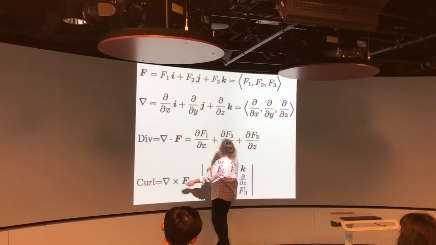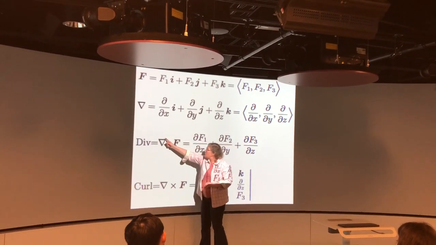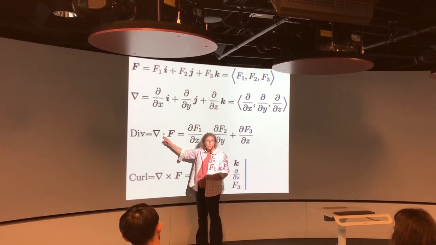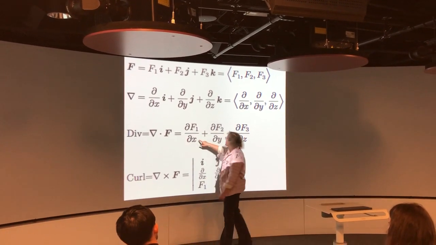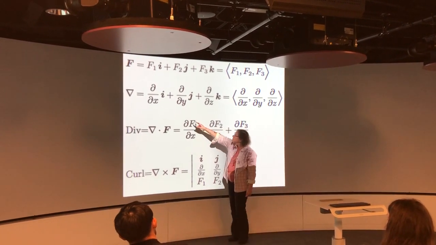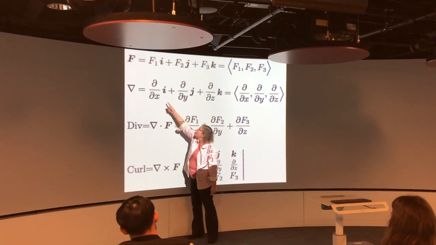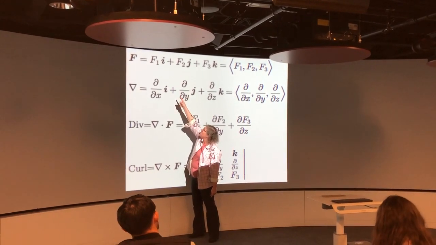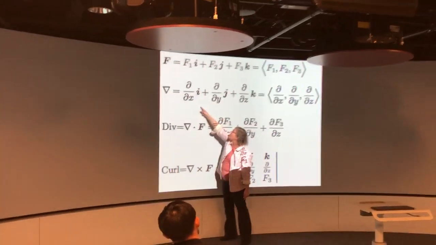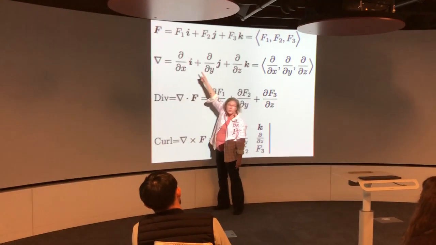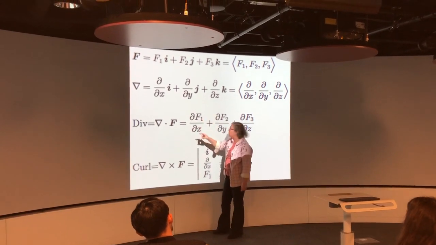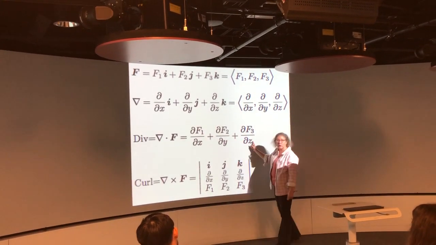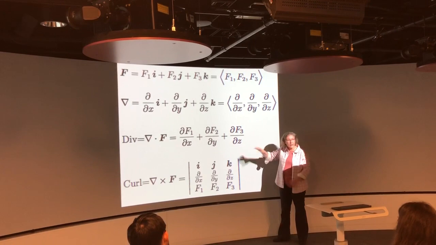So then, when you do this del dot, which is called the divergence, this operator operates on the function: the i part of the operator operates on the i part of the function, the j part operates on the j part, et cetera, right? And this gives you a scalar. So the vector has disappeared.